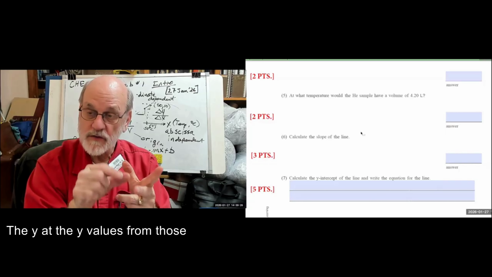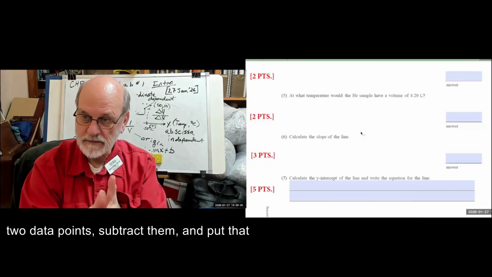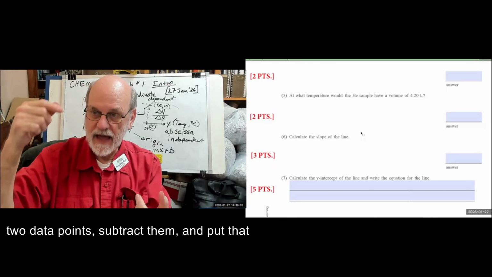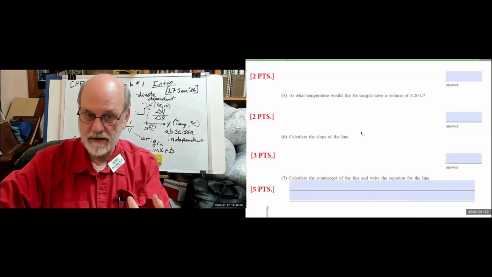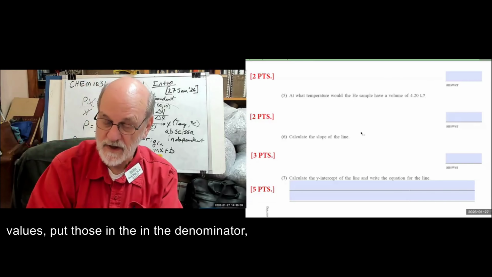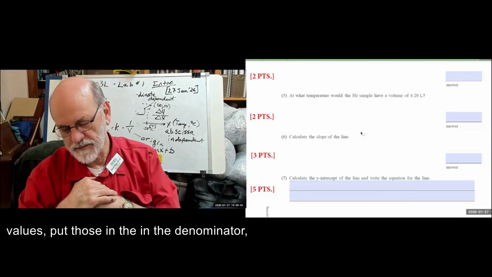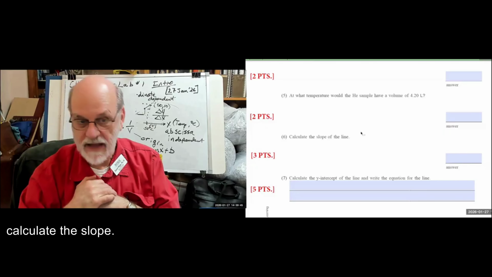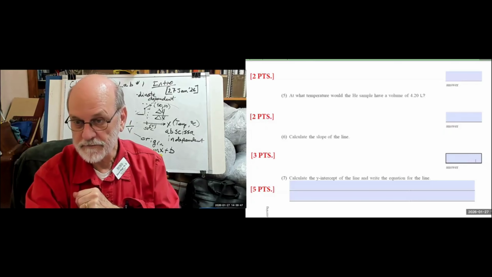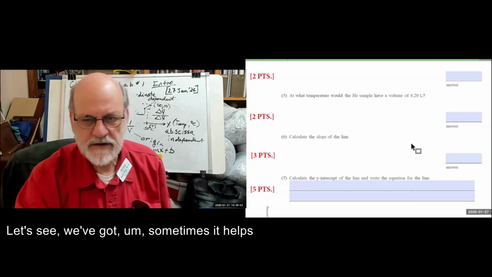The y values from those 2 data points, subtract them, and put that in the numerator. Then you subtract the 2 data points' x values, and put those in the denominator. Calculate the slope.